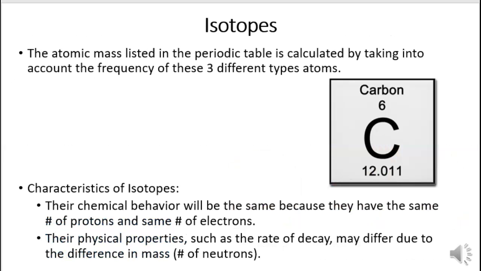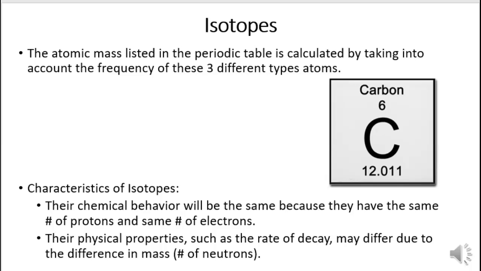The reason isotopes are important to us, we'll see later, is because of how they're used in medical procedures. But the atomic mass listed in the periodic table, you'll often notice, has decimal places, 12.011 for carbon.